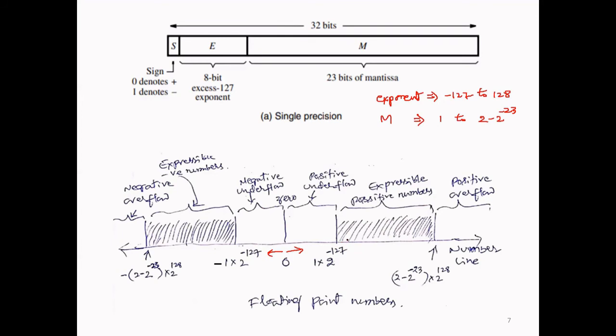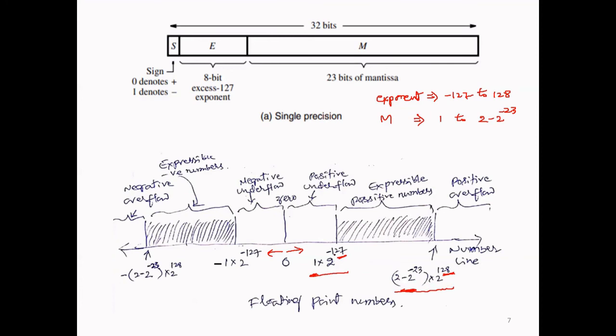The exponent is minus 127 to 128, and the mantissa is 1 to 2 minus 2 power minus 23. This is the minimum positive value, and this is the maximum positive value we can represent.